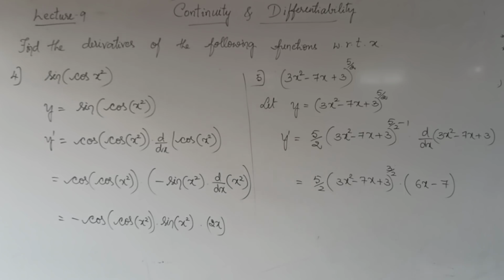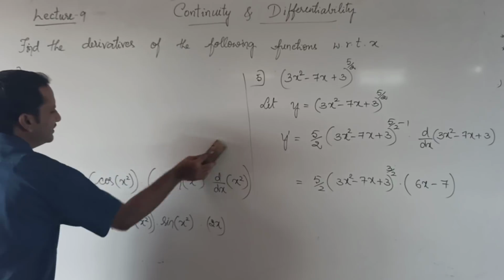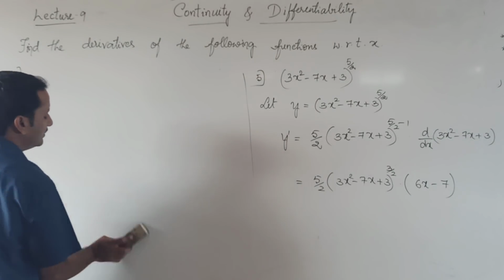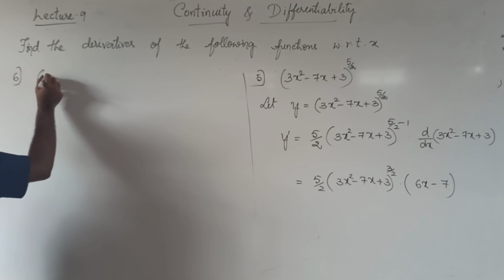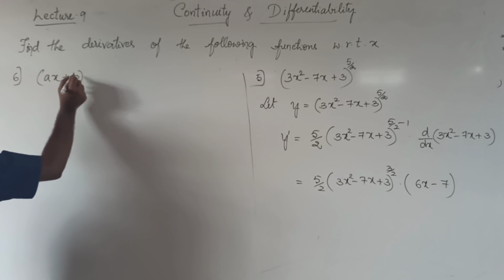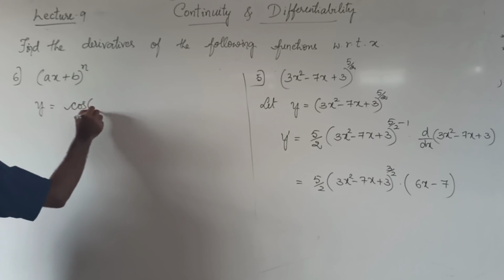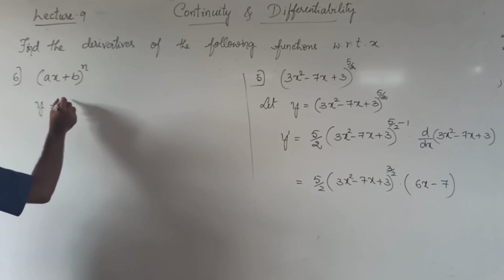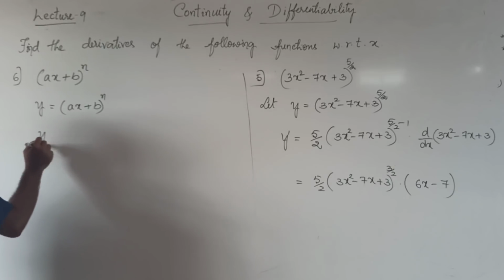Next. Ax plus b whole power n. As always, I will treat this as y. Sorry, y is equal to ax plus b whole power n. Now differentiate this.